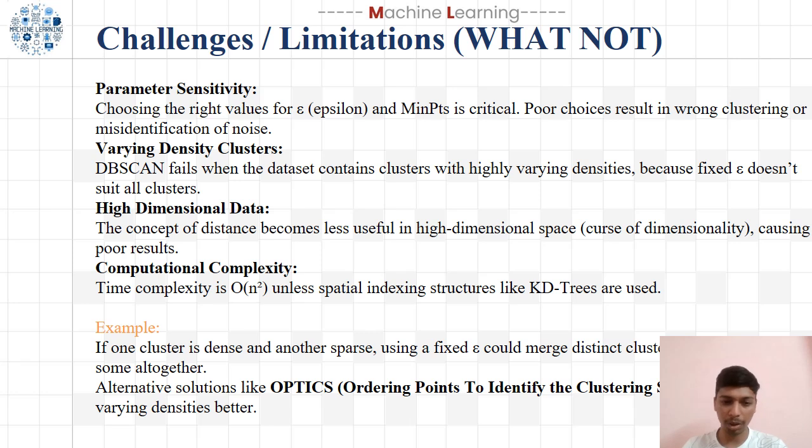For example, if one cluster is dense and another sparse, using a fixed epsilon could merge distinct clusters together. Alternative solutions like OPTICS, ordering points to identify the clustering structure, are better for varying density.